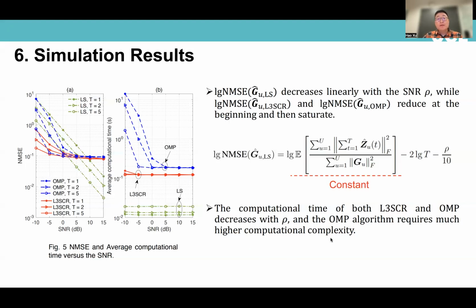This is because when rho is small, more iterations are needed for the algorithms to converge. And different from the L3SCR scheme, the OMP algorithm needs to compute matrix inversions, which is computationally intensive. So that's why the OMP scheme requires much more computation time than the L3SCR scheme.